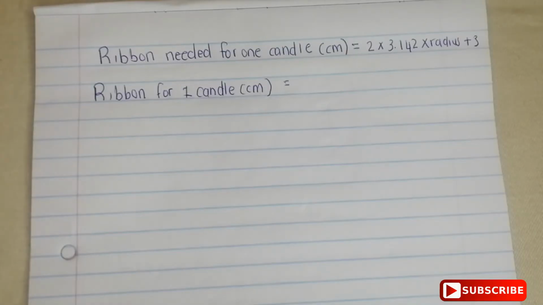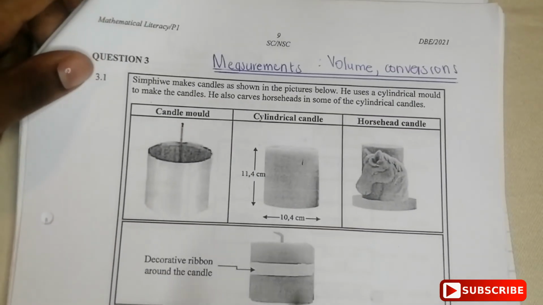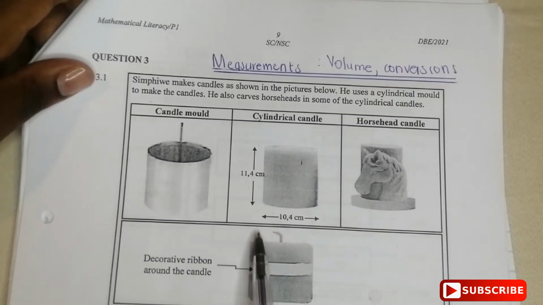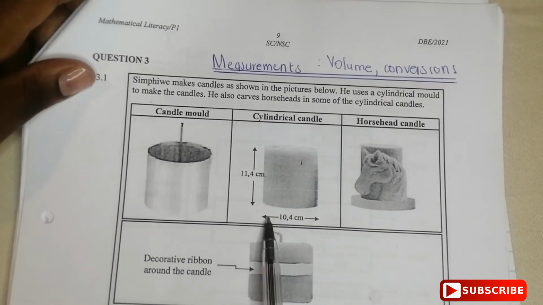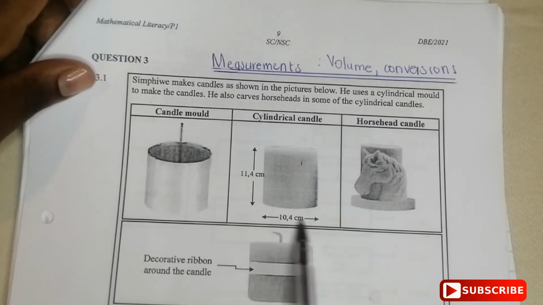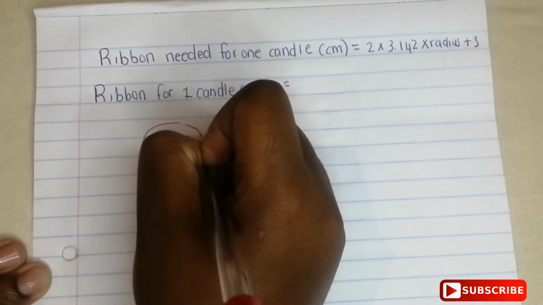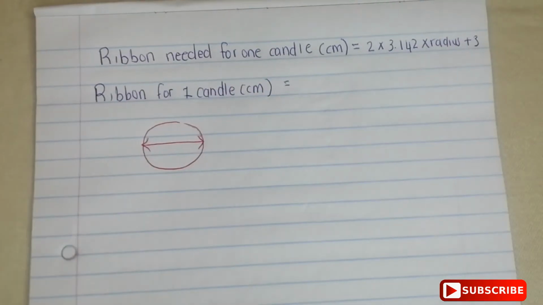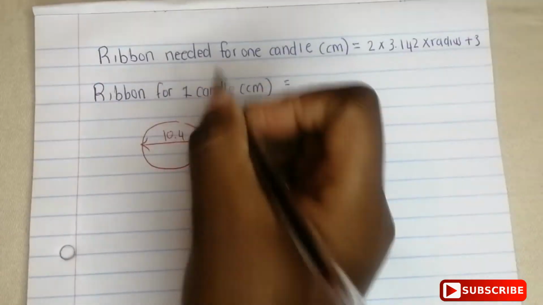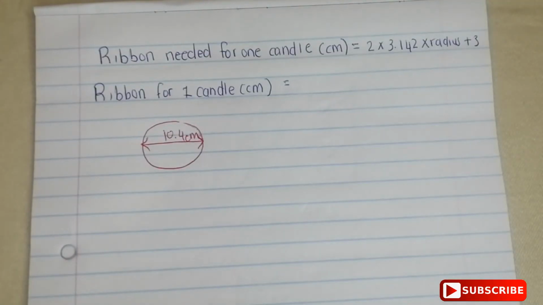And how do we get the radius? We were told that the diameter for one cylindrical candle is 10.4 centimeters. I also showed you in the previous question that the diameter is 10.4 centimeters. But we want the radius.